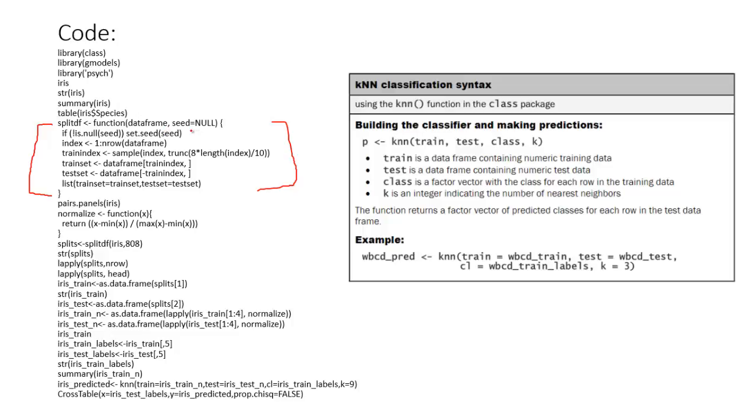What seed does is it recreates the randomization: if for one instance 1 2 3 4 is created, the second time it will also recreate it. In this function, nrow calculates the total number of rows in the data frame.